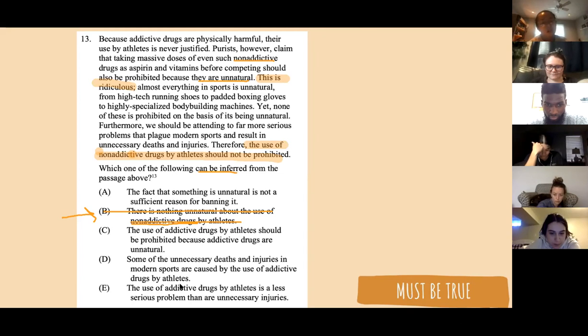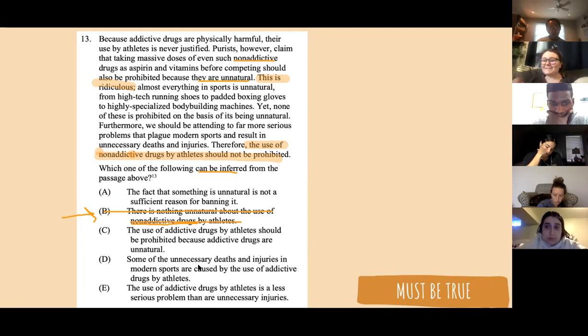So the addictive drugs by athletes should be prohibited because addictive drugs are unnatural. I said that was wrong because, I mean, it's part of the argument, but it's only part of the purist argument. It's not part of the overall argument. Okay, let's clarify. We don't need the conclusion for this.